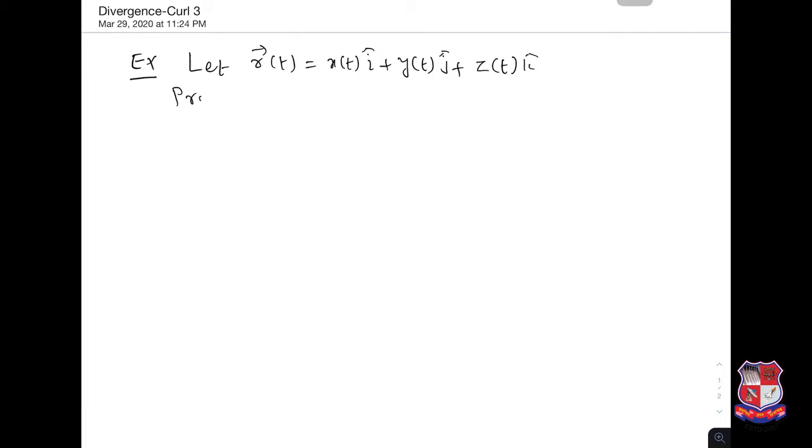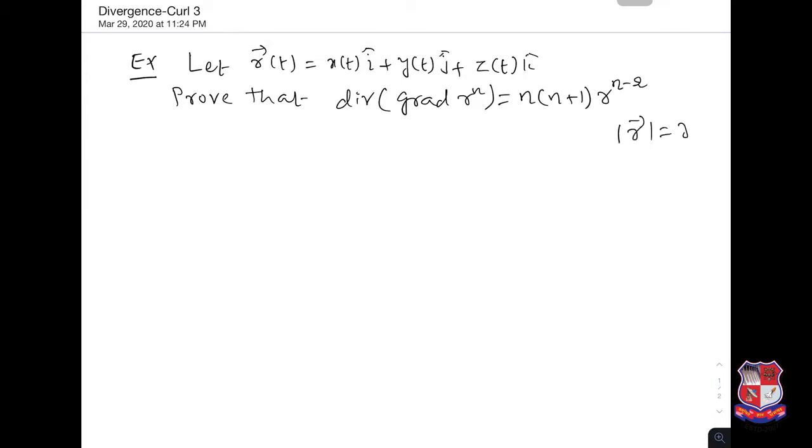Prove that divergence of gradient of r power n equal to n into n plus 1 r power n minus 2. See, magnitude of vector r is r.